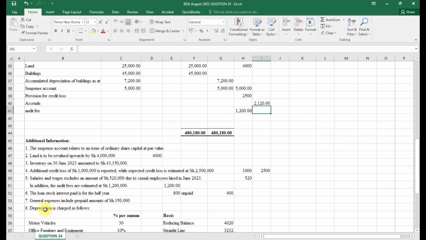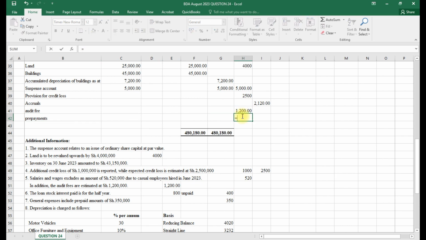Then general expense includes a prepaid amount of 350. So here we have 350, which is a prepayment. We'll include it here. We call it prepayment. Prepayments, remember, are assets. So I'll include the prepayment of 350 here.